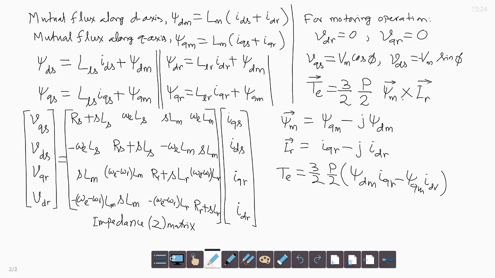In the same way we can use other flux and other current expressions and get several expressions for the electromagnetic torque like this. This is one expression where we have used the stator current components IQS and IDS.